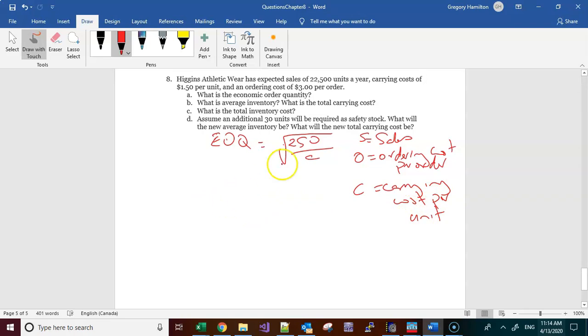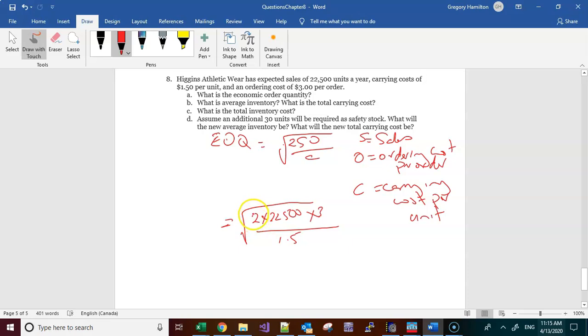Right. So based on that, we can calculate our economic order quantity for A. What is the economic order quantity? It would be the square root of 2 times 22,500 times 3 over 1.5. Right, remember all of this is under the square root.